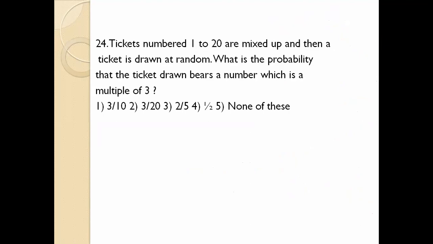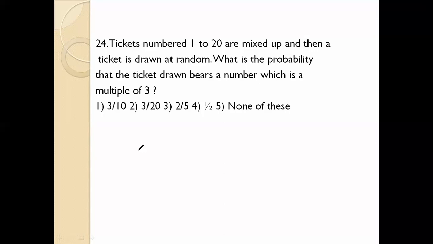Now do this one. Tickets numbered 1 to 20 are marked and then a ticket is drawn at random. What is the probability that the ticket drawn bears a number which is a multiple of 3? How many multiples of 3 are there? 3, 6, 9, 12, 15, 18.